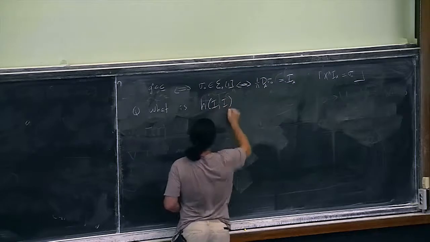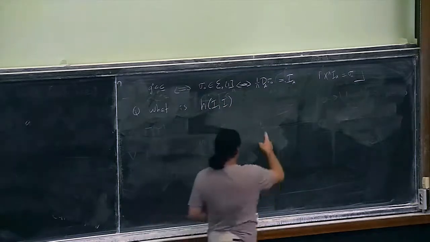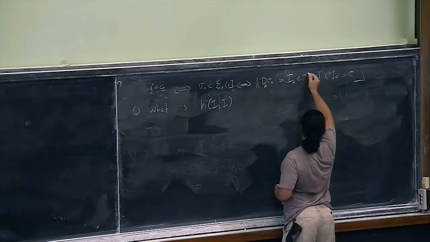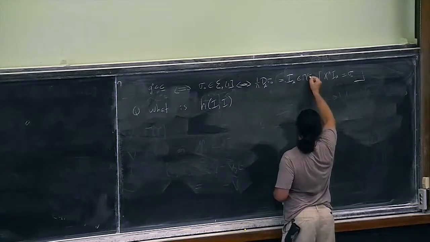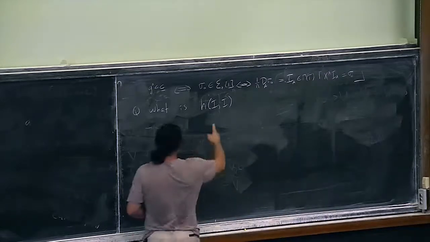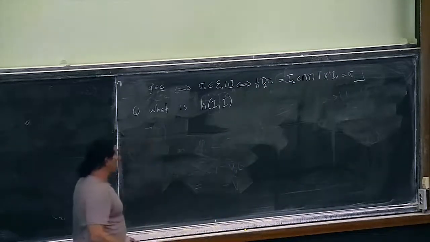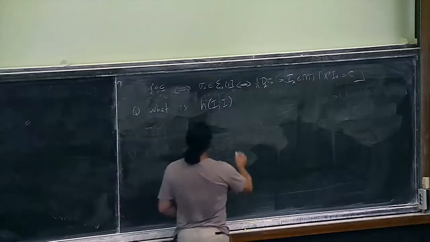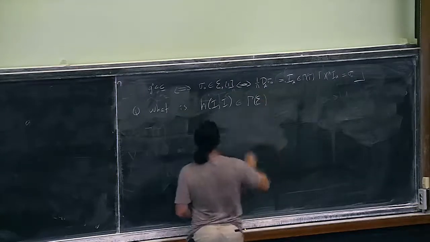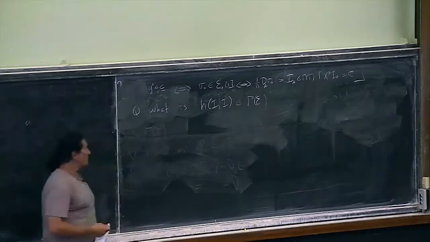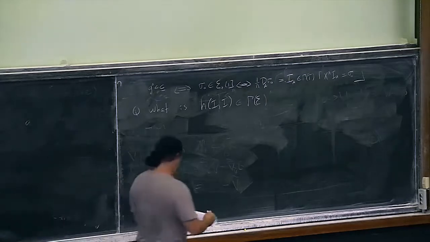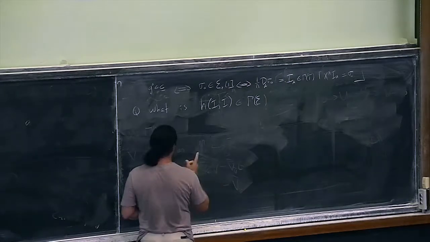Because we have this tractor metric, and now I've constructed this scale tractor. So this is really a section of the dual tractor bundle, if you like, or the tractor bundle. So I can measure its length using the tractor metric, and this is a genuine function. So it's a section of the trivial bundle. So that should be something nice, right? It should be something to do with the structure. So let's work out what it is.